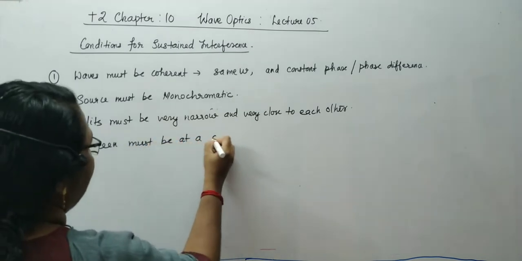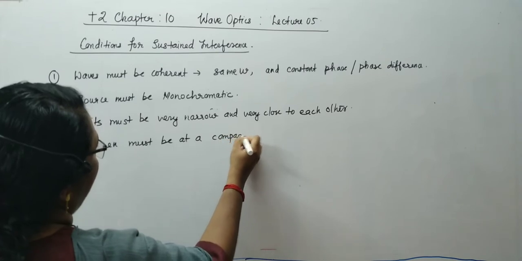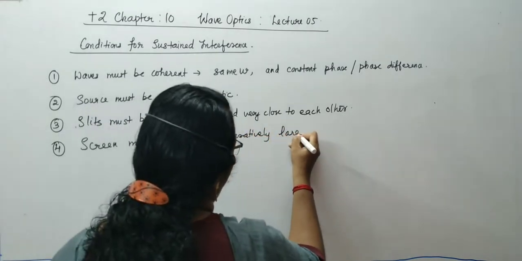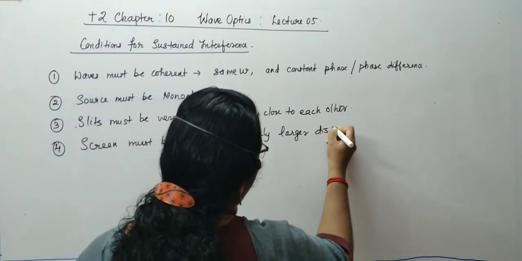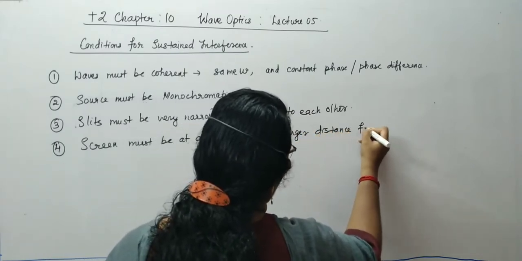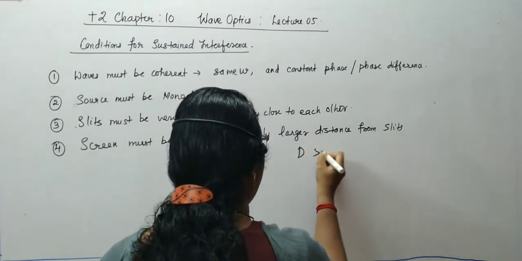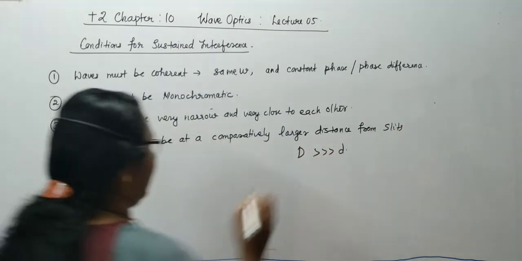The fourth one is that the screen must be at a comparatively larger distance from the slits, that is, capital D greater than small d.